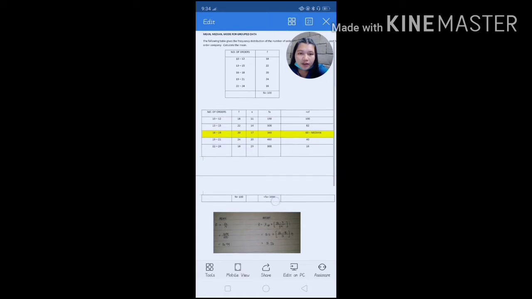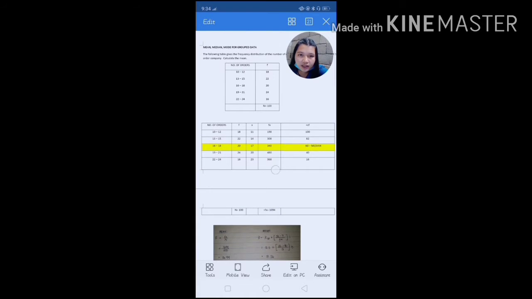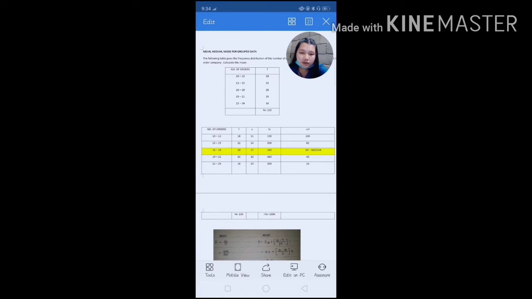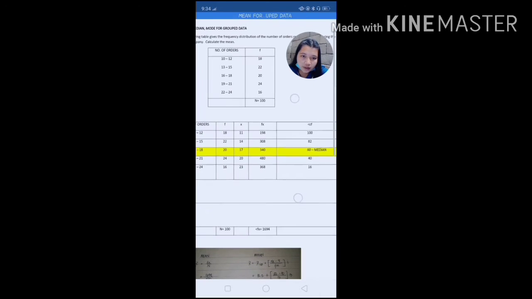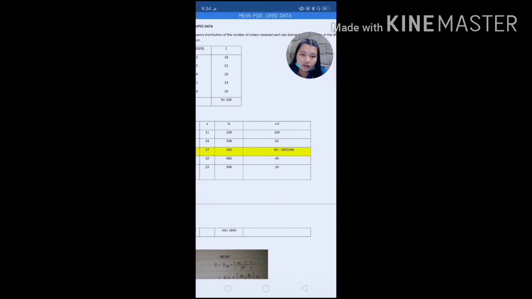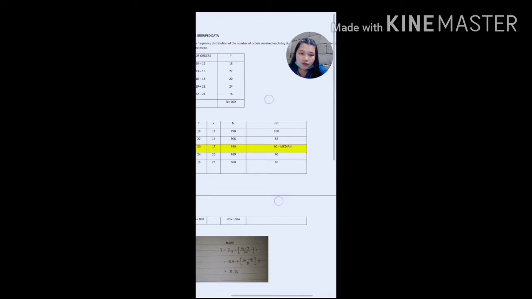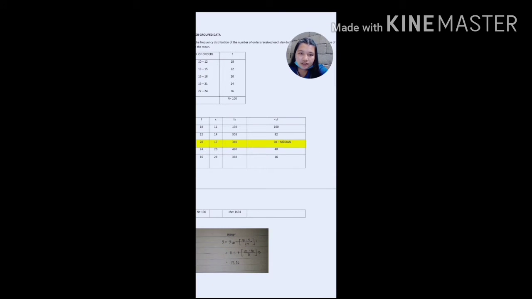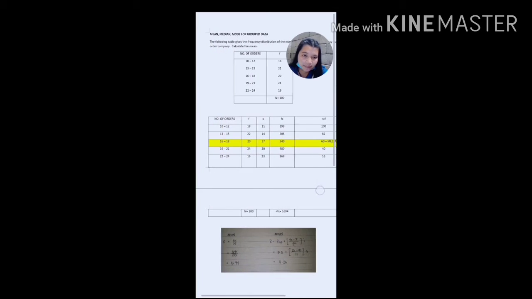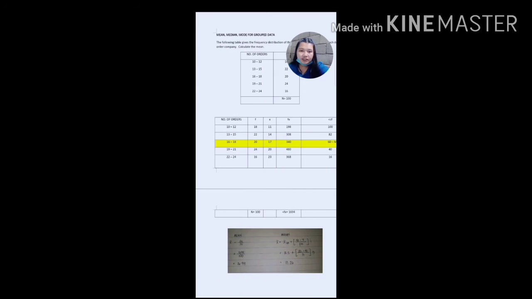Our n is 100, so 100 divided by 2 equals 50. Since there is no 50 in our cumulative frequency, 60 is our median class.